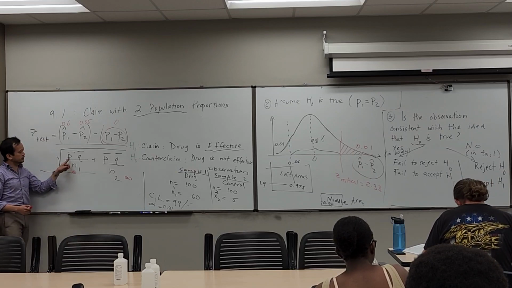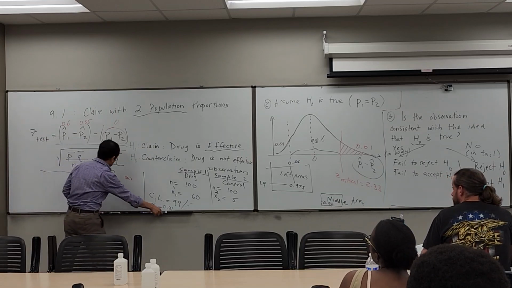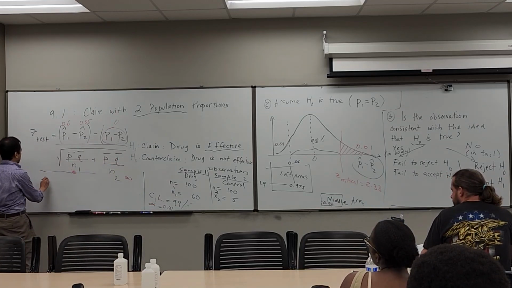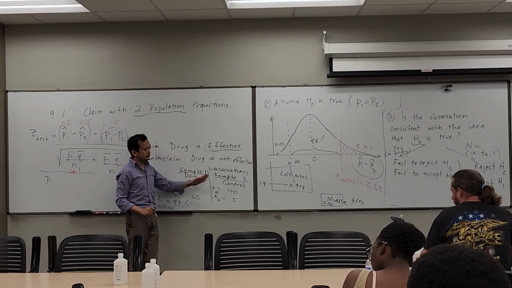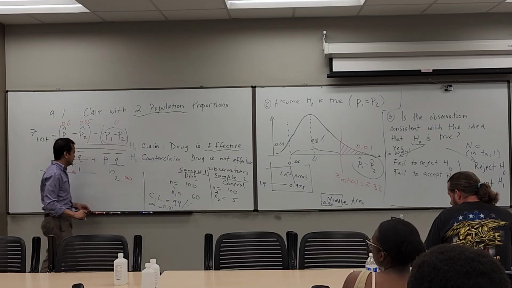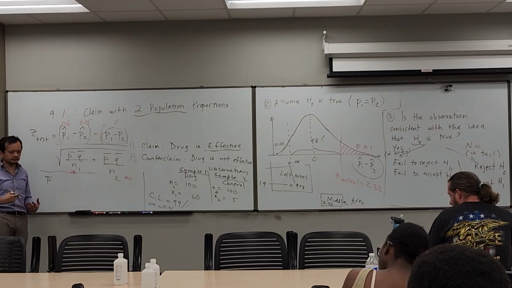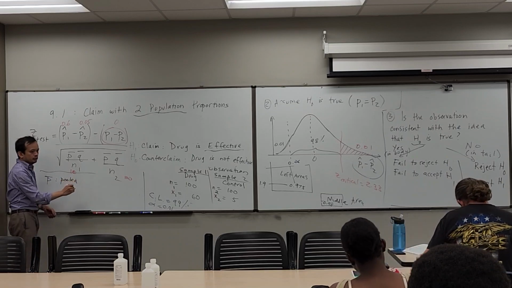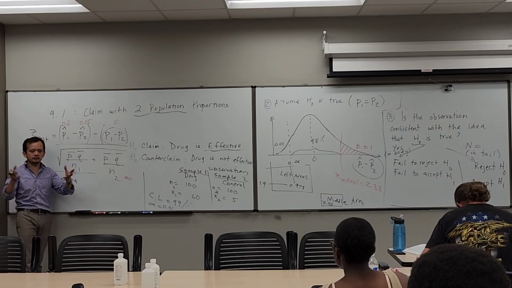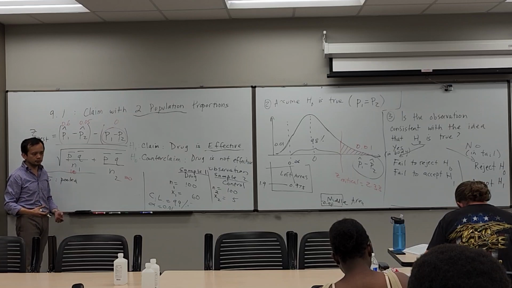So now let's talk about what P dash and Q dash mean. So originally, we have two different samples, sample 1 and sample 2. What P dash means, it refers to the pooled proportion of success, which means if you were to combine both of these samples into one pool, what would the proportion of success be for that new pool?